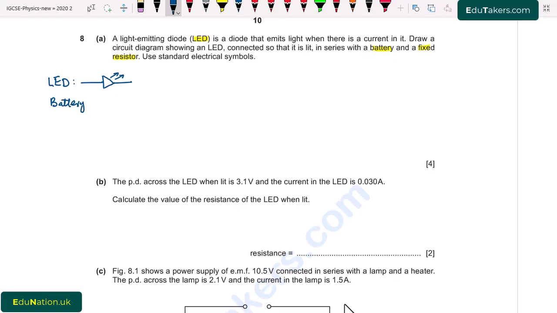Now the symbol for the battery is, and for the fixed resistor we have to draw the symbol of a resistor and put an arrow over it.